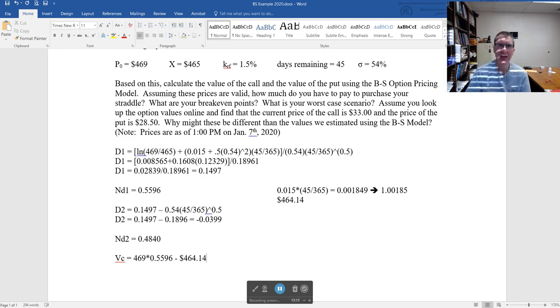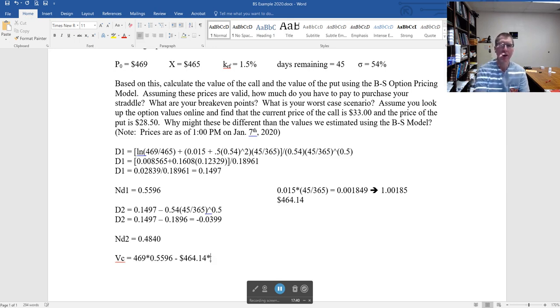If you'd like to use your financial calculator to do that, just set up your periods per year to 365. That way you're effectively using daily compounding, and discount it for 45 days, you're going to get the exact same answer. So continuous compounding or daily compounding, they're close enough that it's not going to change the results.